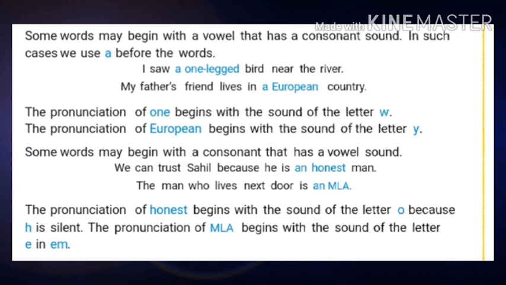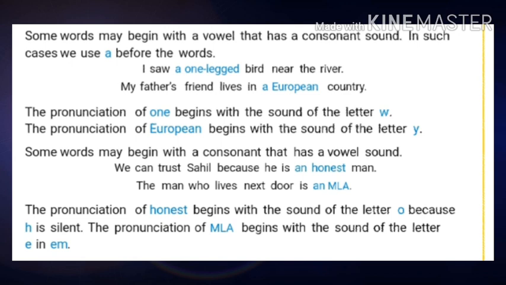The pronunciation of one begins with the sound of the letter W. The pronunciation of European begins with the sound of the letter Y. Some other words are unity, unique, unicorn, etc. All these words start with the letter U, but its pronunciation is Y.